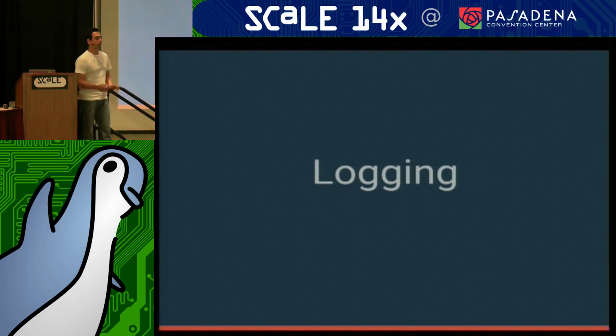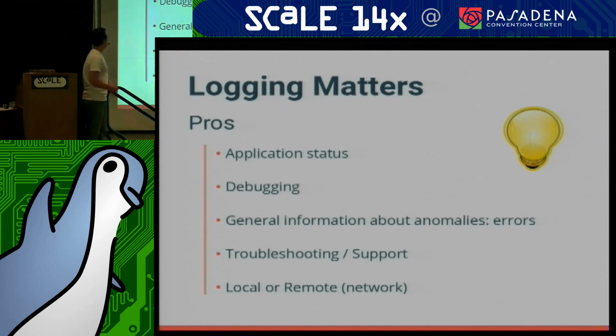We are going to start by talking about logging. Logging is pretty important. It has many advantages. For example, you can get the application status. You can perform debugging. When you get some issues, the first thing you hear is please review the logs, if you have them. You can find some anomalies. We can troubleshoot, and of course, logging can be done locally or remotely.